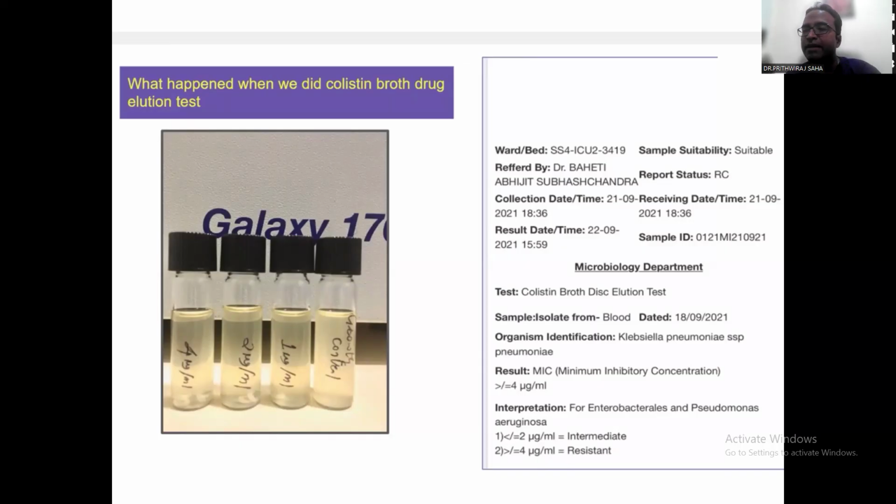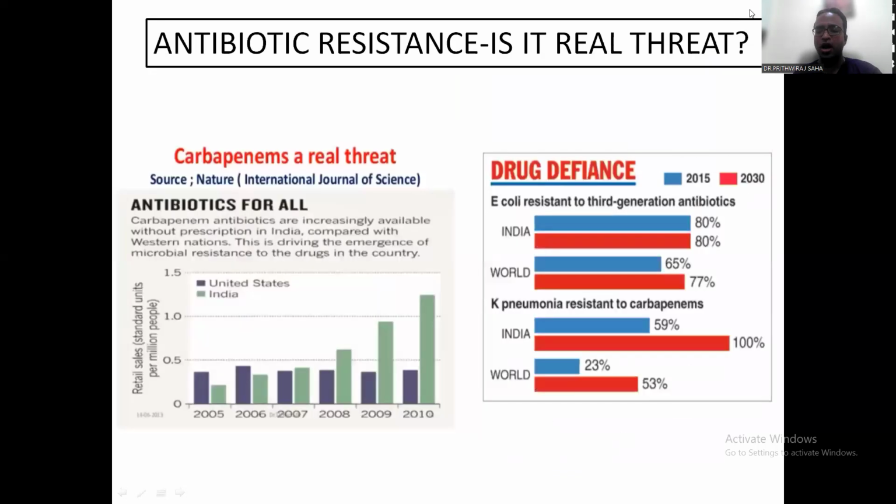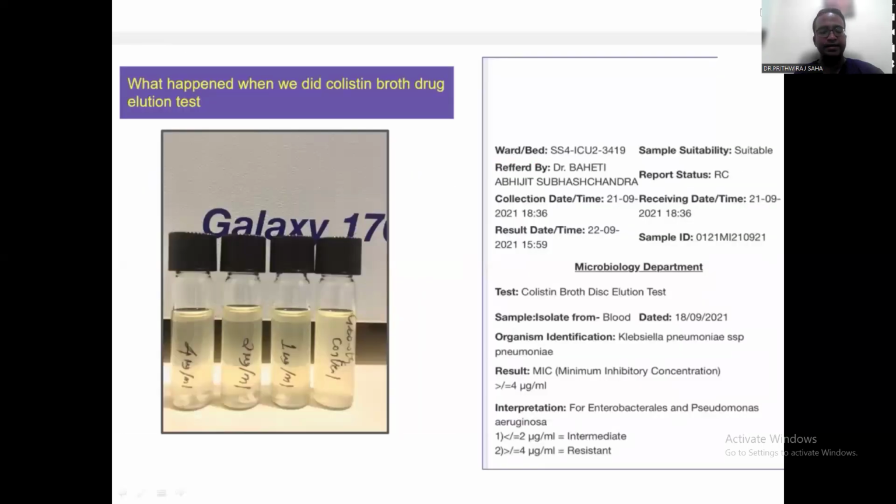Better to call it intermediate, because the chance of success for that drug is not sure shot. If you do the same MIC by broth dilution, which really should be done for colistin, you can get a much higher MIC and the drug may turn out to be resistant. This is also another cause why colistin is called intermediate, right?